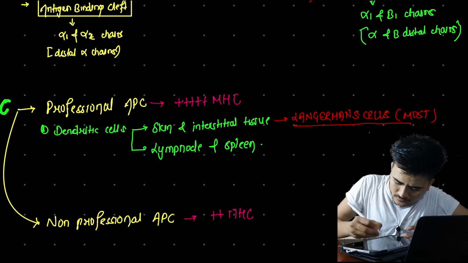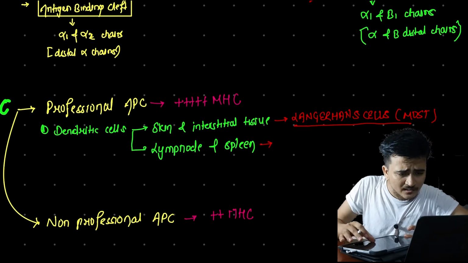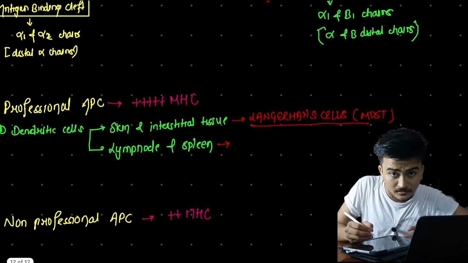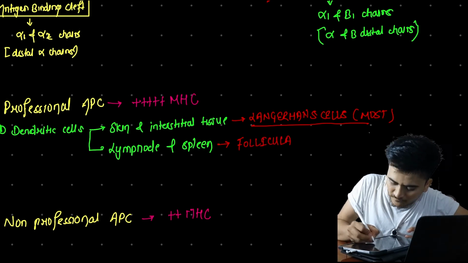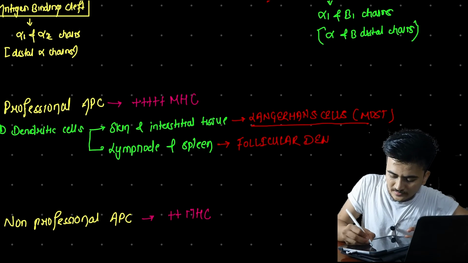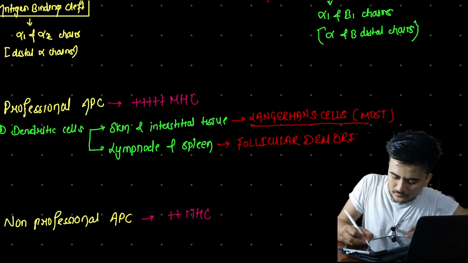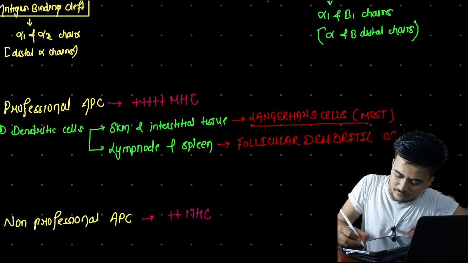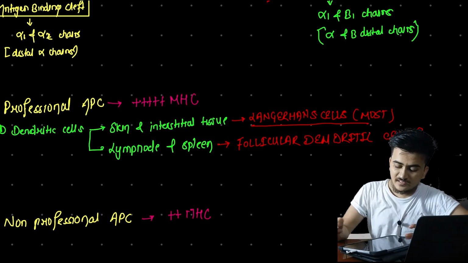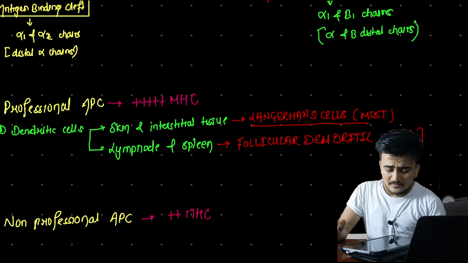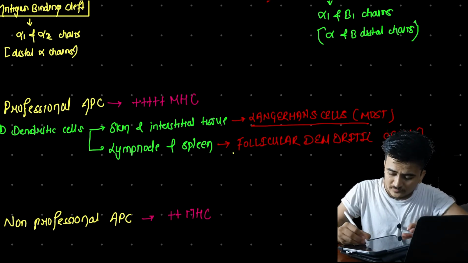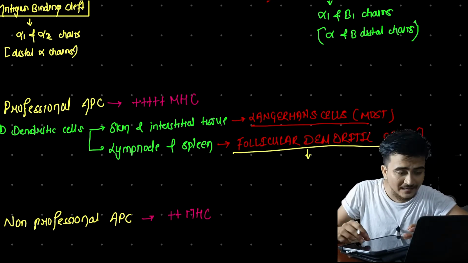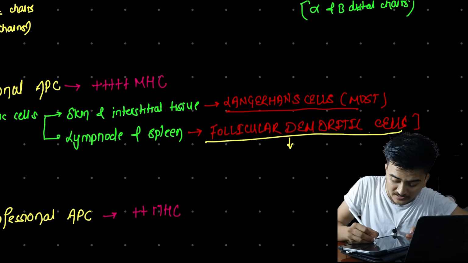Talking about lymph node and spleen, they are present there in the form of follicles, so they are called follicular dendritic cells. Okay, and it is important to mention that these follicular dendritic cells also act as a reservoir for HIV.